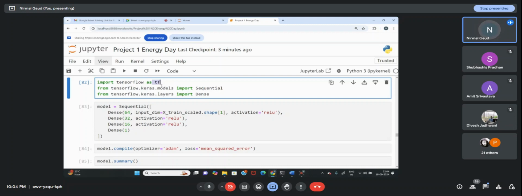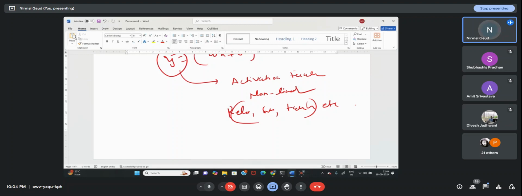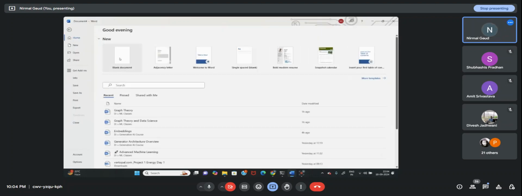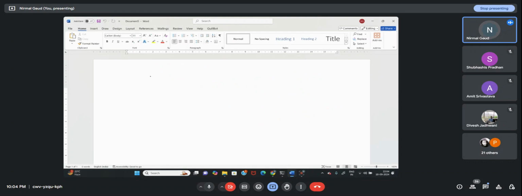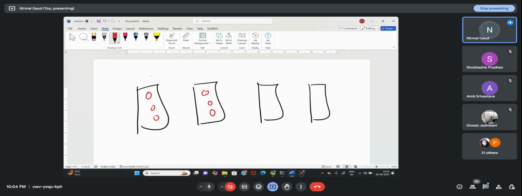So from TensorFlow, I am taking the Sequential model and the Dense layer. So your model is sequential. Sequential means feed forward. These all are the layers, with neurons on the layers, and your model will progress in the forward direction, and here you are going to get the output.